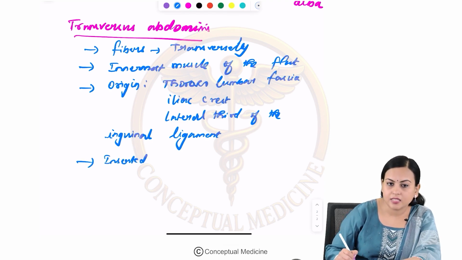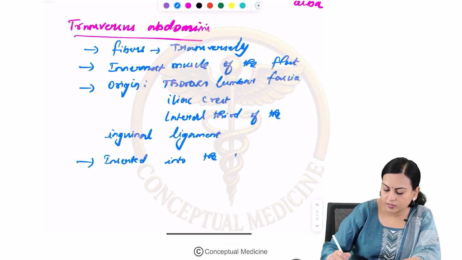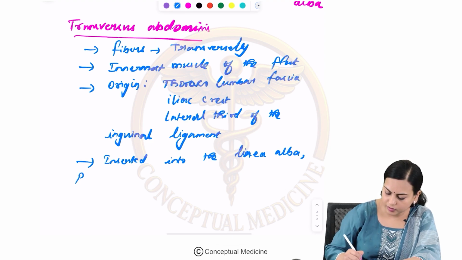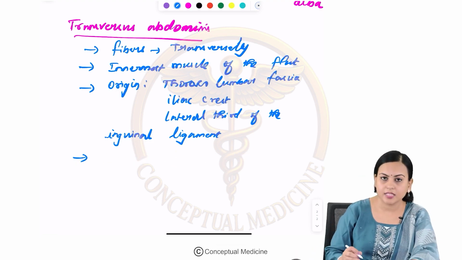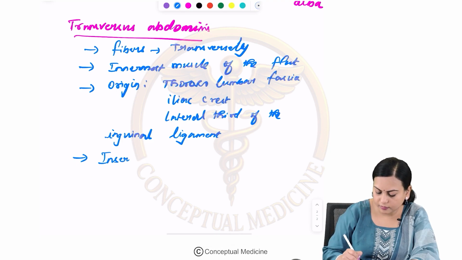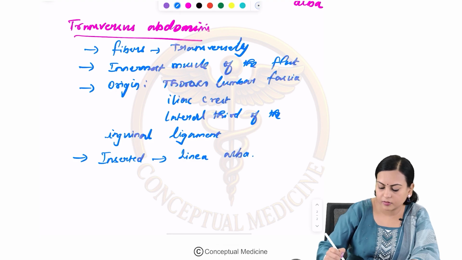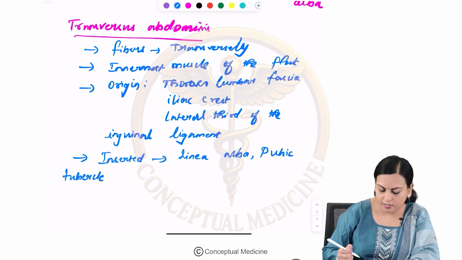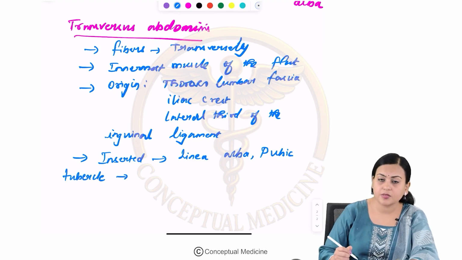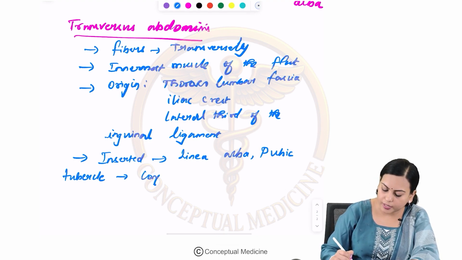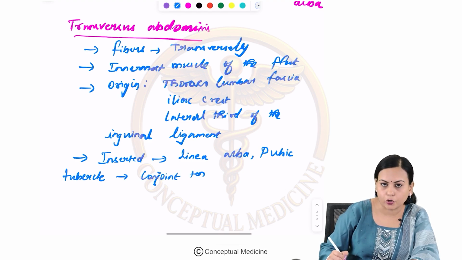This muscle is inserted into the linea alba, pecten pubis, pubic tubercle, and transversus abdominis muscle aponeurosis along with the internal oblique muscle aponeurosis will be together forming the conjoint tendon.